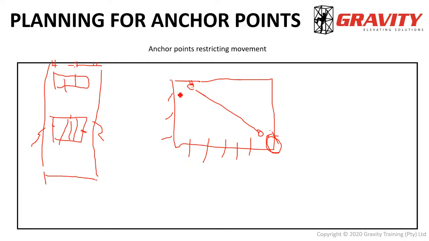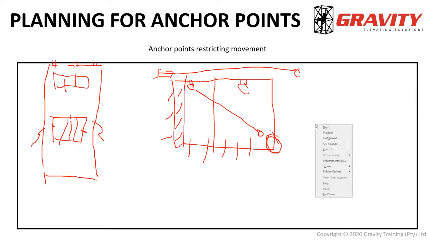Okay, so having the anchor point there limits his movement to a very small section of this roof, and obviously that will have to be the exclusion zone as well. So again, the solution would be to have multiple anchor points, or indeed to have a permanent horizontal line installed there so that the guy can move effectively and easily to cover the entire surface of the work area.